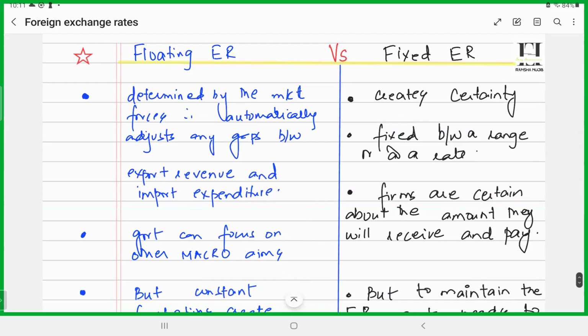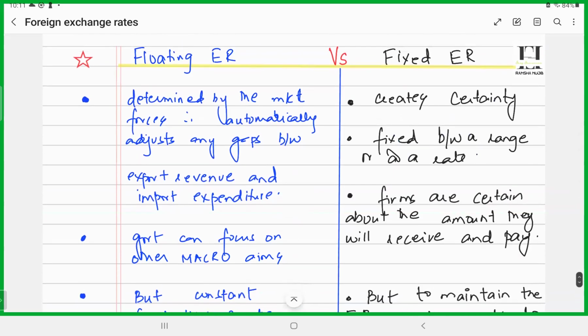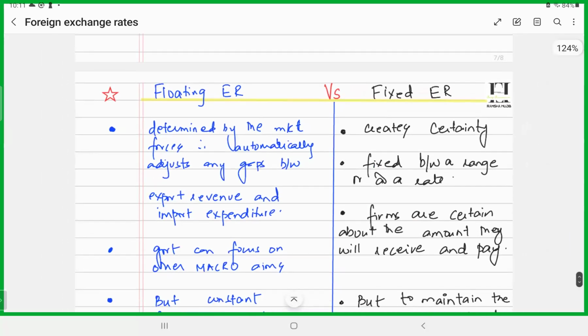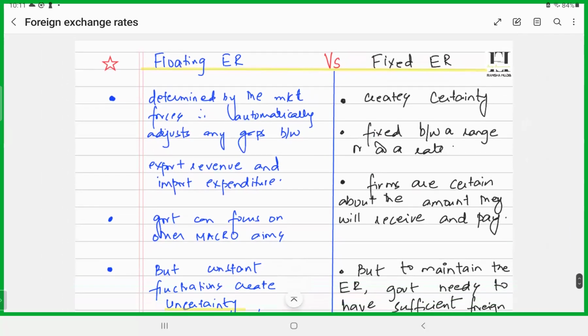All right. Now let's look at the floating exchange rate and let's look at the fixed exchange rate. Let's look at the advantages and disadvantages of a floating versus a fixed exchange rate. By definition, what is a floating exchange rate? It's determined by the market forces.